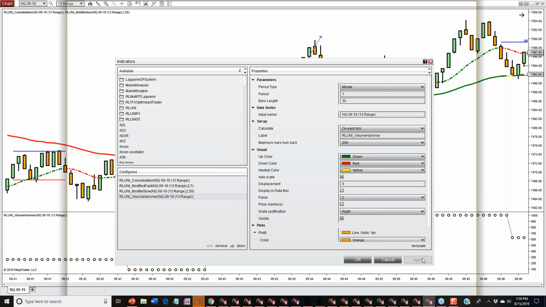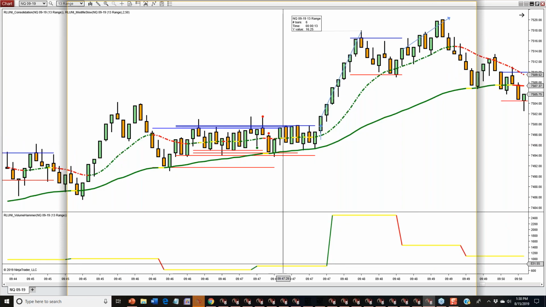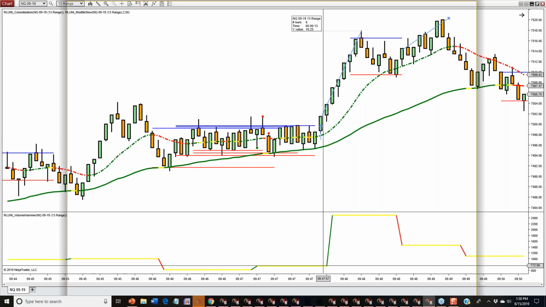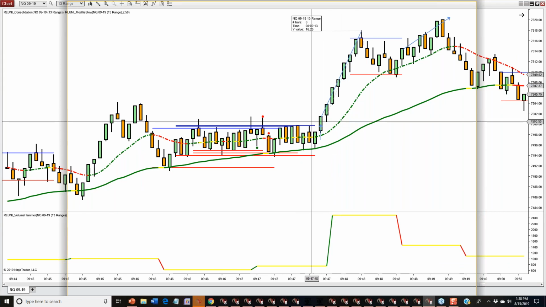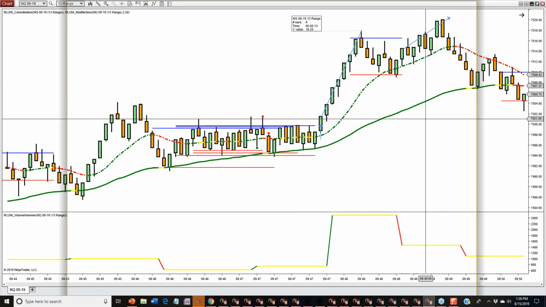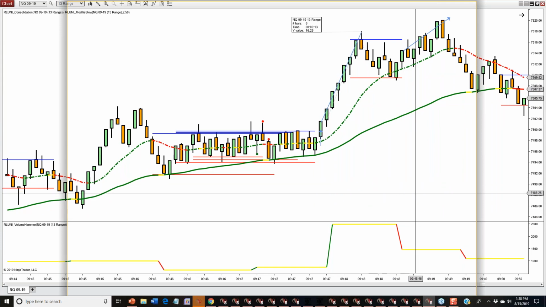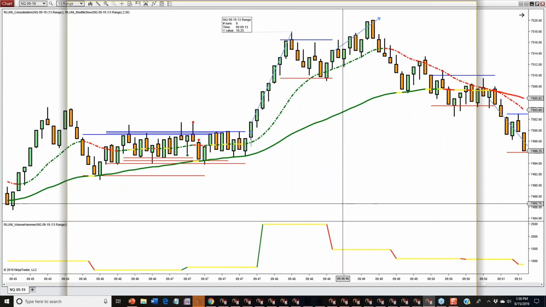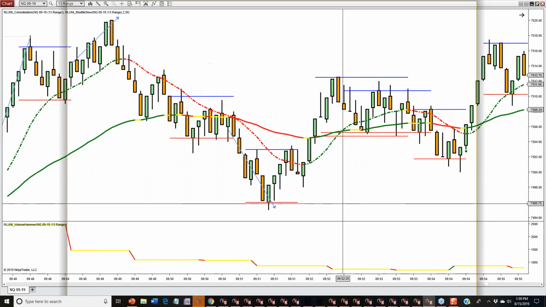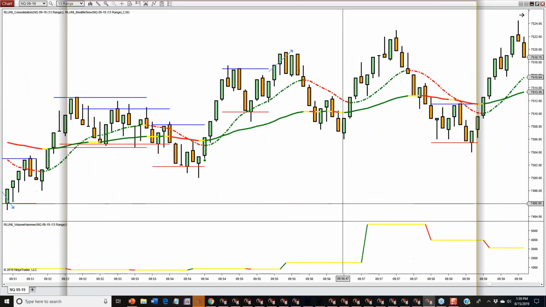Because this is 1 minute, 1 minute, 2 minutes, 3 minutes, 4 minutes, and it's no longer occurring right underneath these candles. So the only way to make an assessment is to do market replay data or to actually trade the volume hammer off the right edge of the chart.